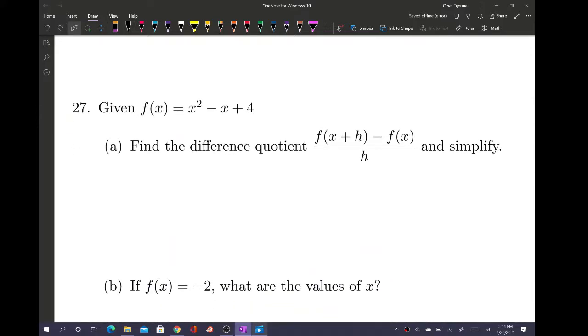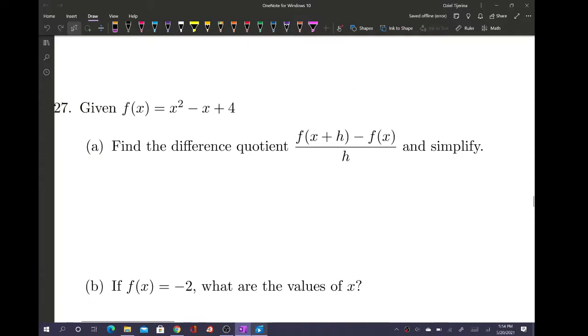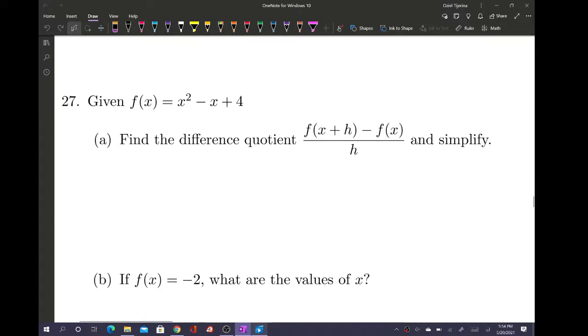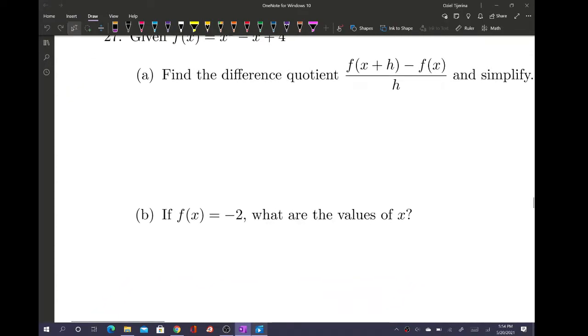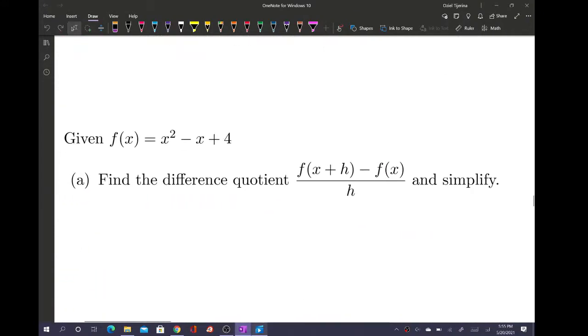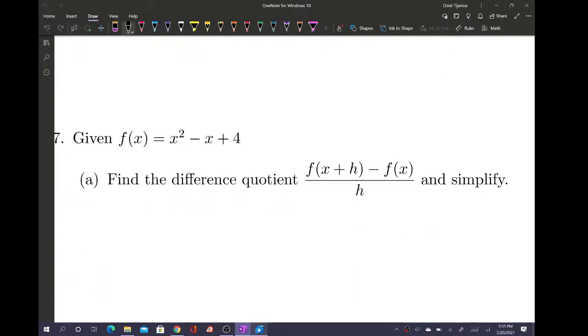Given f(x) = x² - x + 4, it says find the difference quotient. There was a problem that I did in the previous video where I did one of these, because of course this is something they actually make you do. So this is 27, for parts A and B. Basically what you're going to do is plug in. First you're going to find f(x + h).